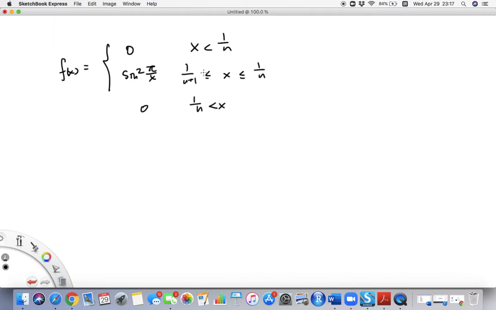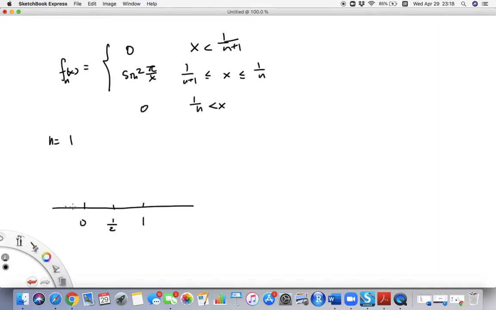Okay, so let's see. Say when n is equal to, sorry, this should be n plus 1, right? So when n is equal to 1, that's 1/2. This is 0, this is 1.